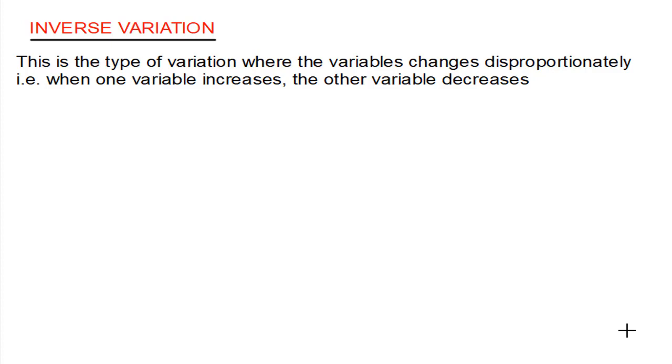In today's class, we are going to be talking about inverse variation. In our previous class, we talked about direct variation, but in today's tutorial, we are going to be talking about indirect variation, or inverse variation. Now, what is inverse variation? This is a type of variation where the variables change disproportionately. That is, when one variable increases, the other variable decreases.